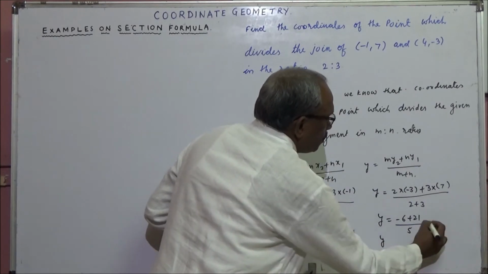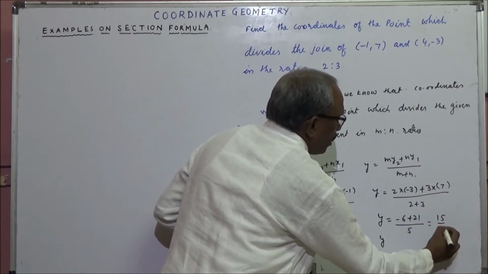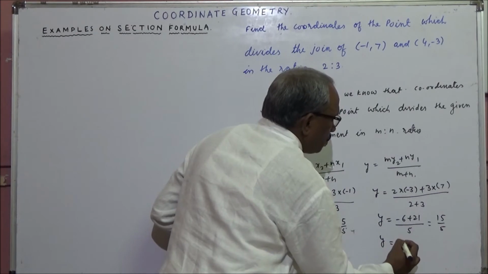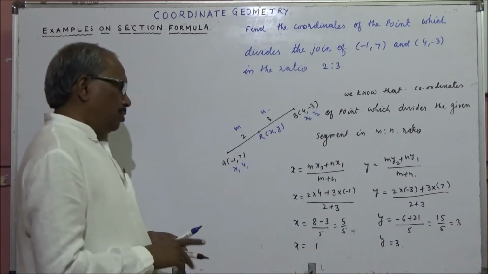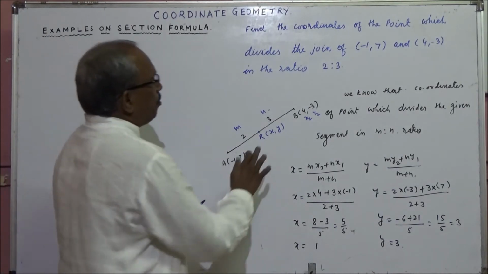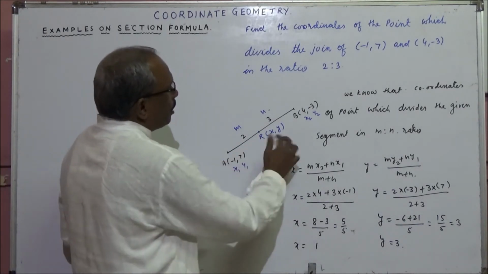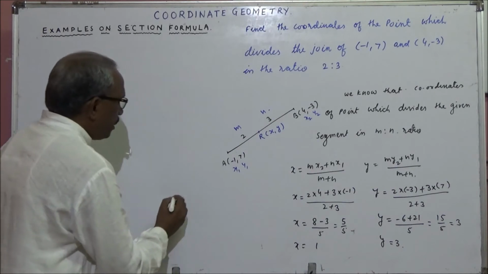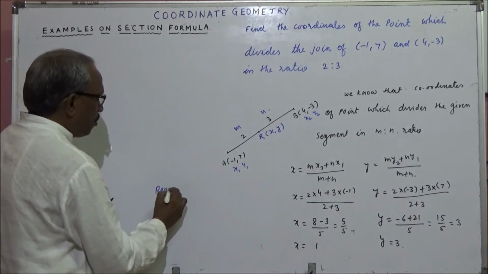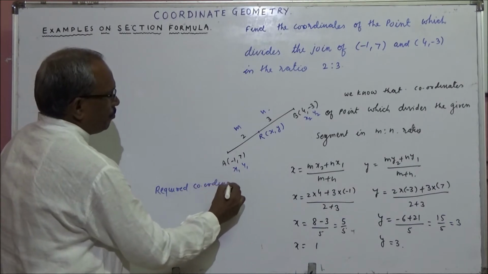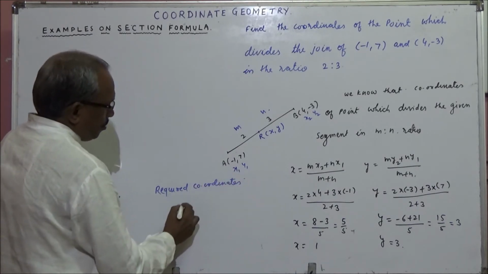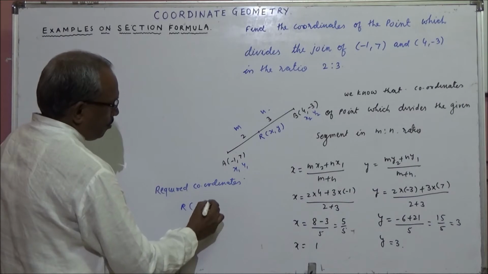So y is equal to 15 upon 5. Y is equal to 3. So therefore coordinates of point R will be (1, 3). I'll write here required coordinates of R (1, 3).